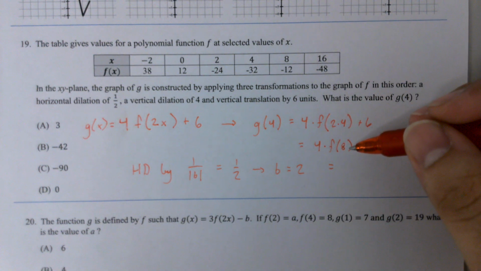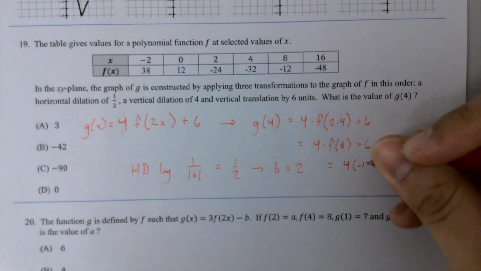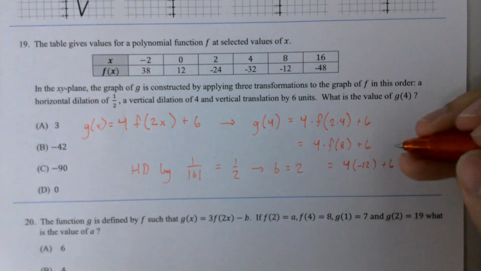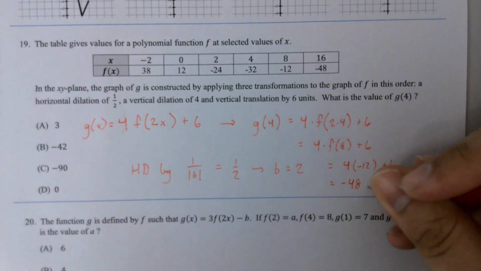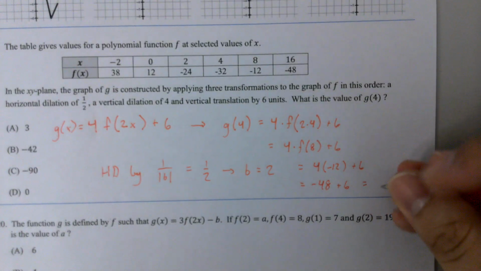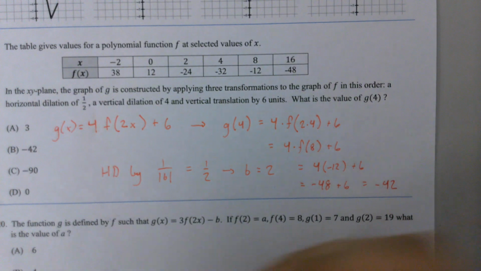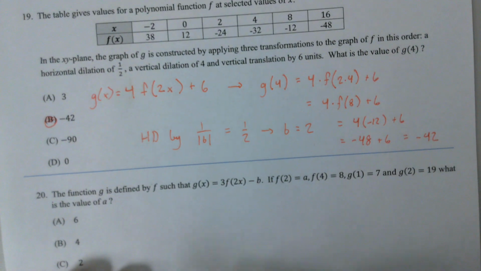What is f of 8? f of 8 is -12. So this is 4 times -12 plus 6. 4 times -12 is -48 plus 6. And then -48 plus 6 is going to be -42. And so that gives us answer choice B.